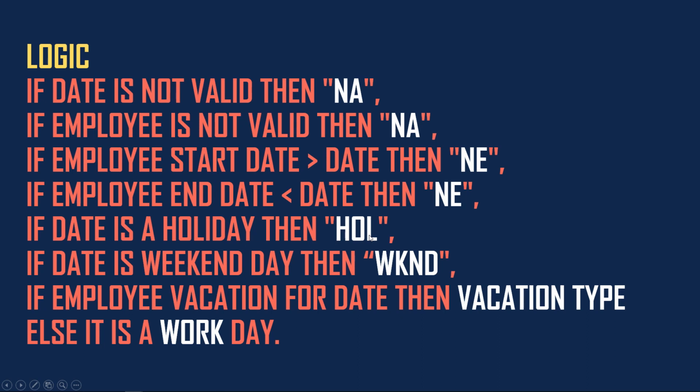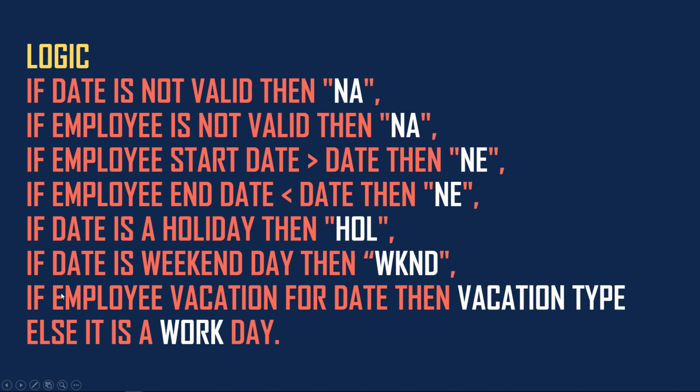Even though it's a Sunday, it's going to label it as a holiday, because in our logic, the holiday line comes above the weekend. If you want a Sunday to be shown as a weekend, even if it's a holiday, then you would want to move this logic above the holiday logic, which we will write in Excel formulas and it'll become more clear then. But keep in mind that the order of implementation is important.